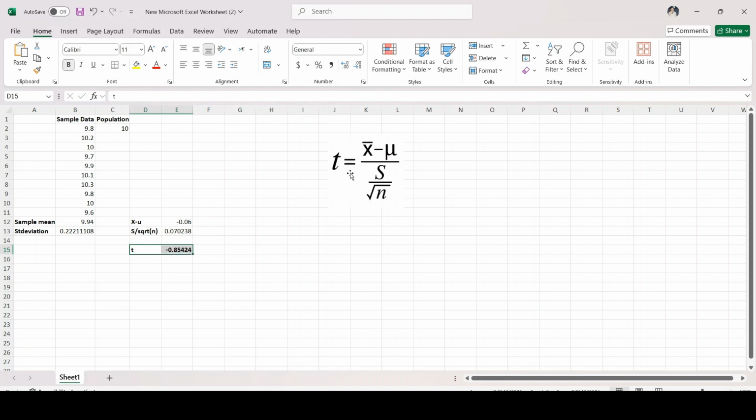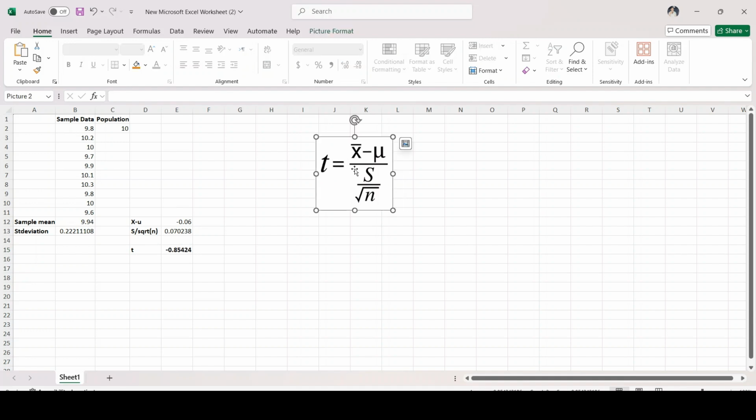Now we have found the t value for this one, and here we are using the p value method. We will decide whether we are going to reject the null hypothesis or fail to reject the null hypothesis. To find out the p value, first of all we have to see whether it is a one tail test or two tail test, right?